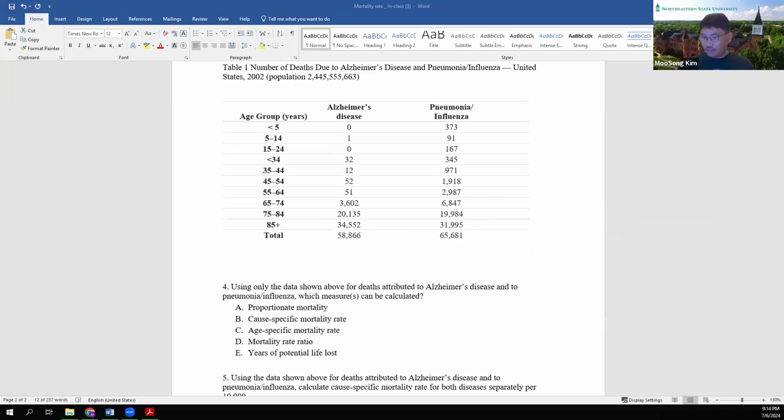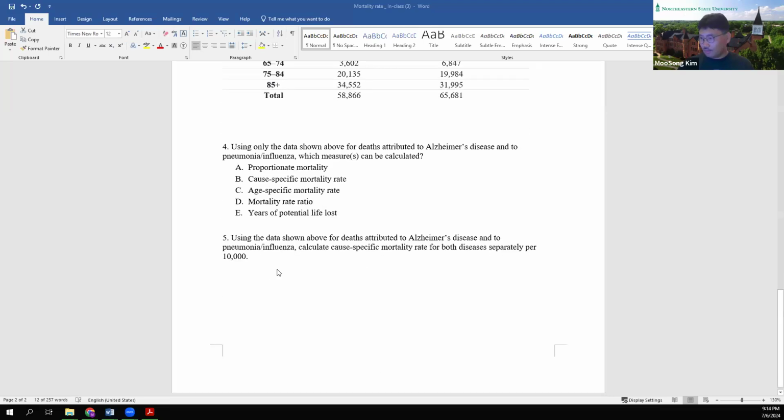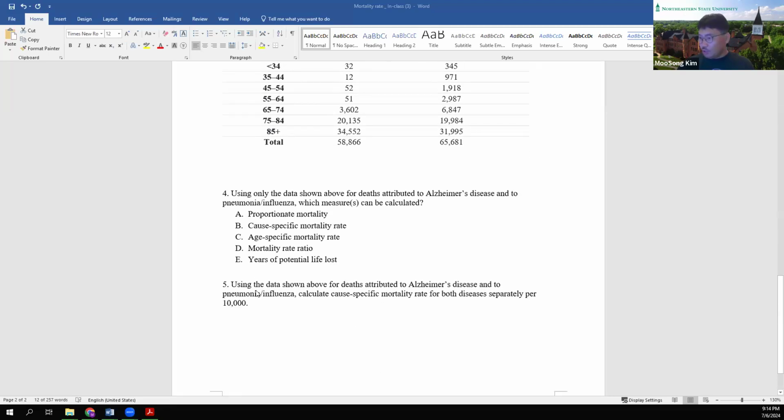The last question. Using data shown above for the deaths attributed to Alzheimer's disease and pneumonia and influenza, calculate the cause-specific mortality rate for both diseases separately per 100,000 people. We actually talked about this.